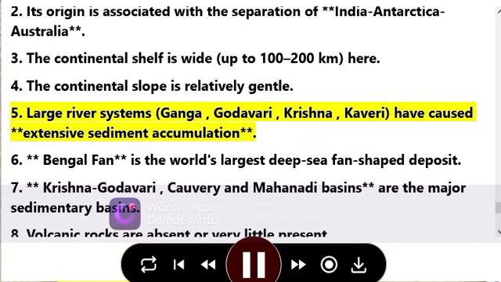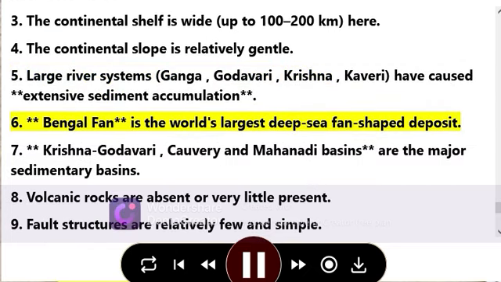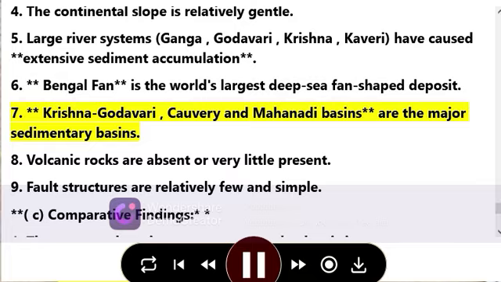3. The continental shelf is wide, up to 100-200 kilometers here. 4. The continental slope is relatively gentle. 5. Large river systems, Ganga, Godavari, Krishna, Kaveri, have caused extensive sediment accumulation. 6.